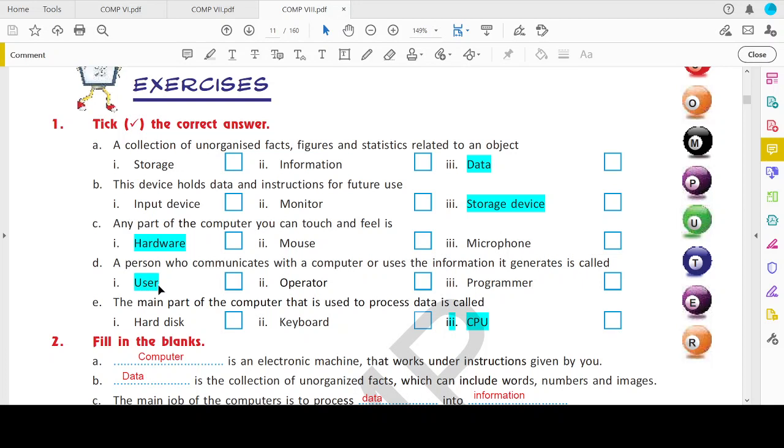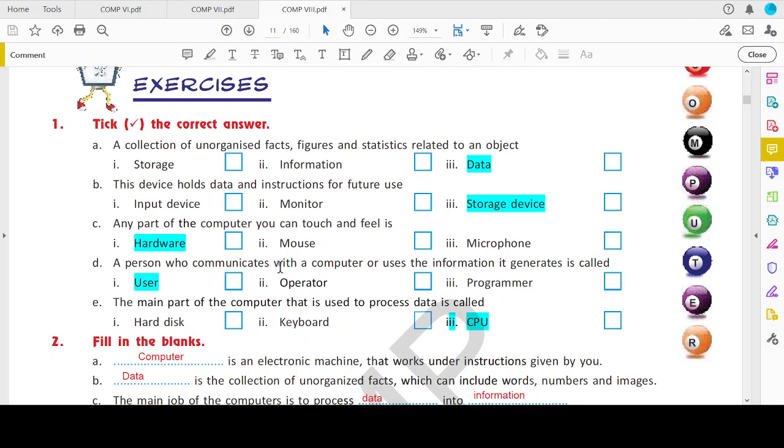The right answer is user. Why? See, someone who operates the computer is an operator. Someone who programs or writes the instructions for a computer is a programmer. But both of them are users. So you can refer to both of them as user. So user is the most appropriate answer for this question.